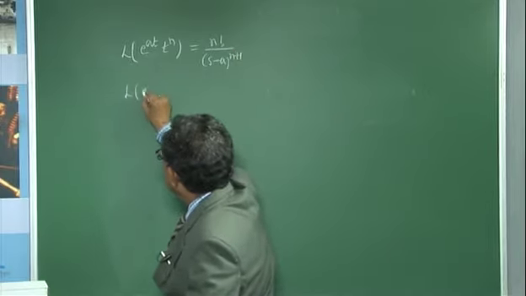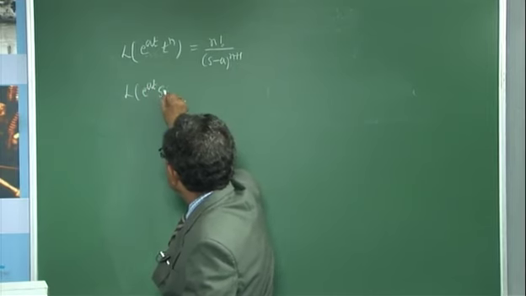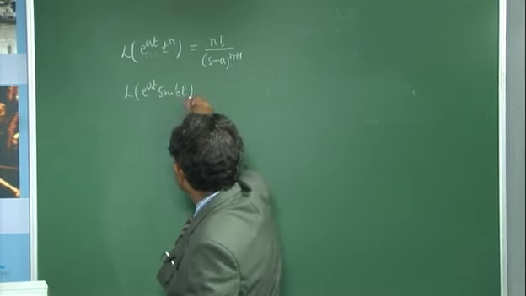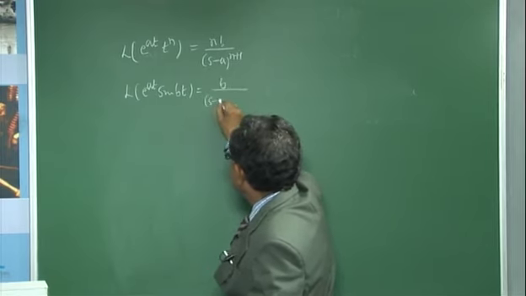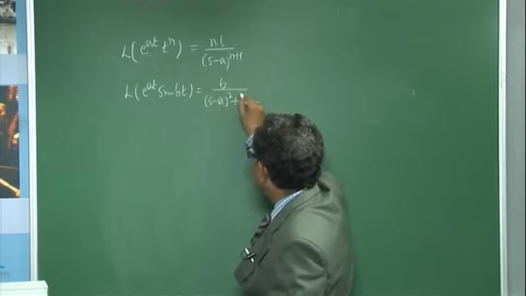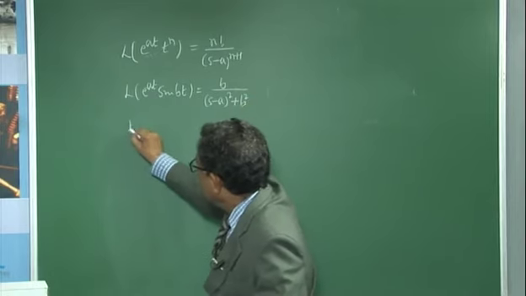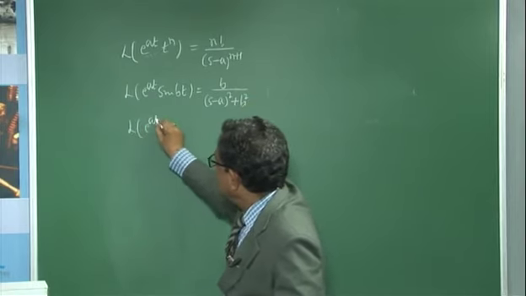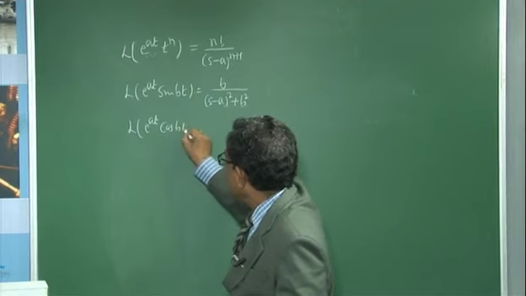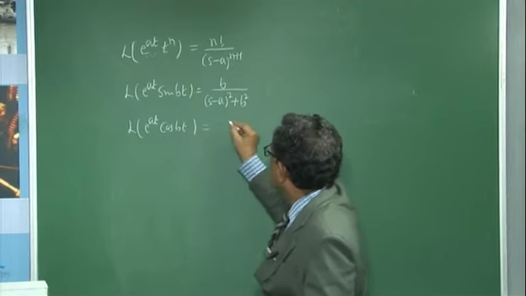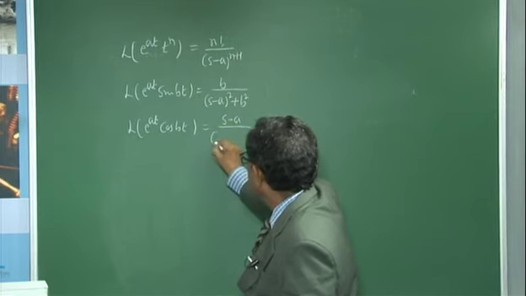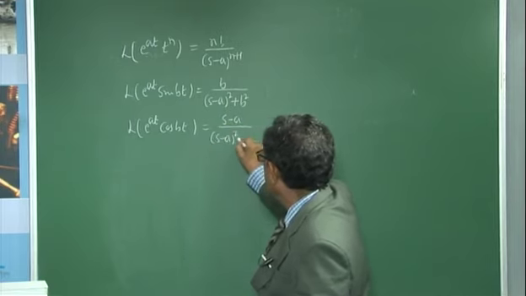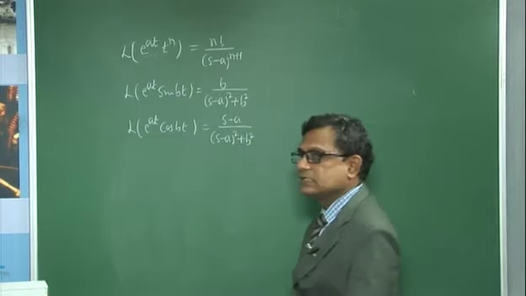L of e raised to at sin bt is b divided by s minus a whole square plus b square. L of e raised to at cos bt is s minus a divided by s minus a whole square plus b square.